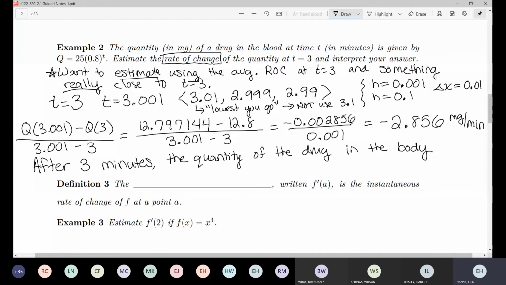So now we've essentially set it up, and now we just need to tell them what the slope value is. So since the slope value is negative, we're going to say is decreasing at a rate of 2.856 milligrams per minute. Whoop, ran out of space.